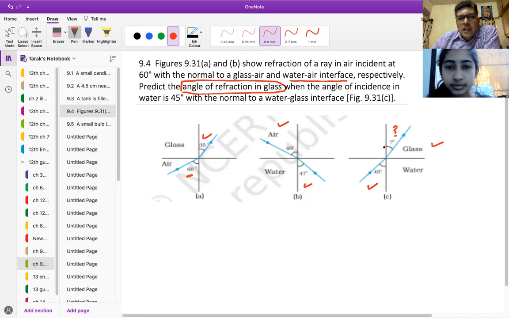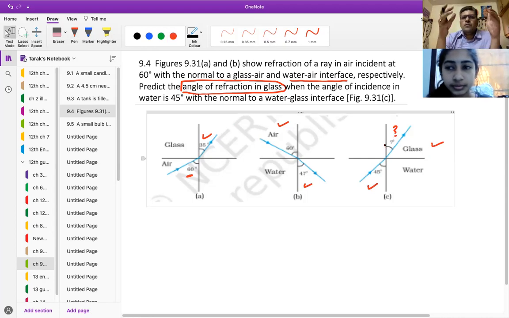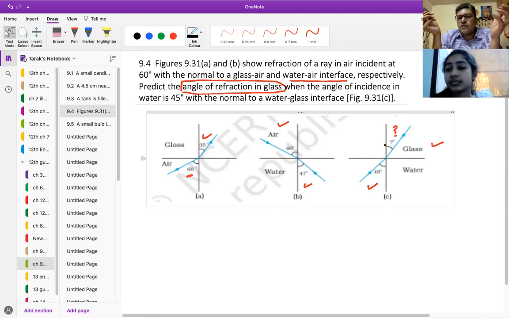If you focus on the very first figure, A, it is glass and air. We know that the refractive index of air is 1, but we don't have the value of the refractive index of glass. So in the first figure, we have to first of all decide the refractive index of glass.